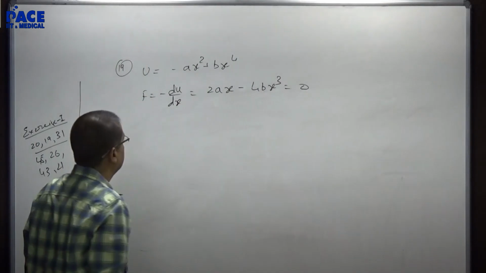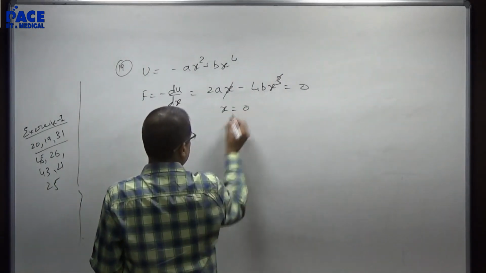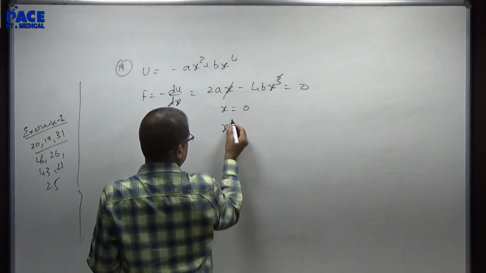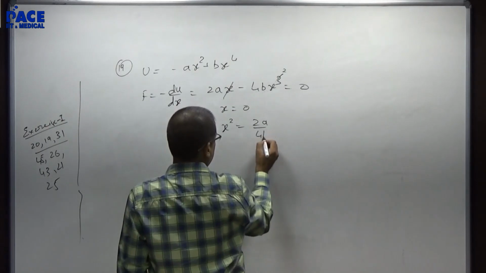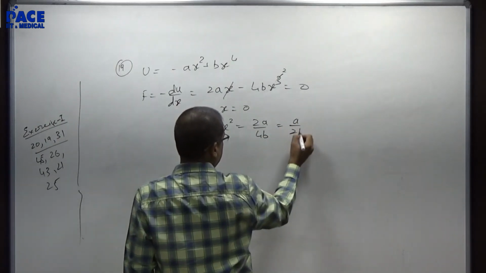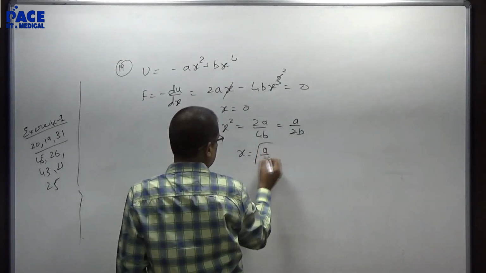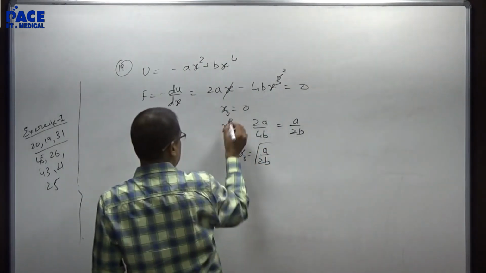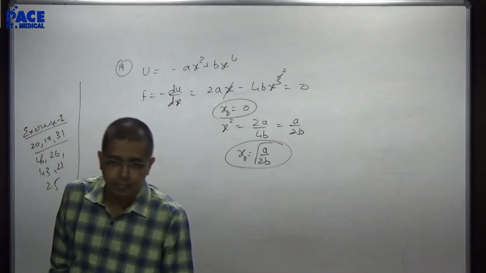Right? Now, x is equal to 0 is one answer. The other x square is 2a by 4b, a by 2b. Now x will be under root a by 2b. I'll call this x naught. You have two values of x at which the force is 0.